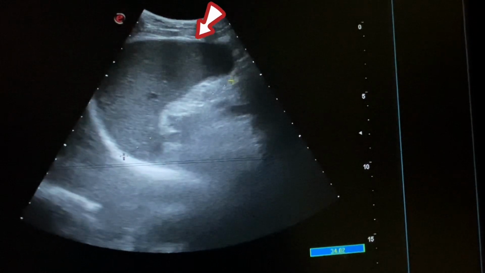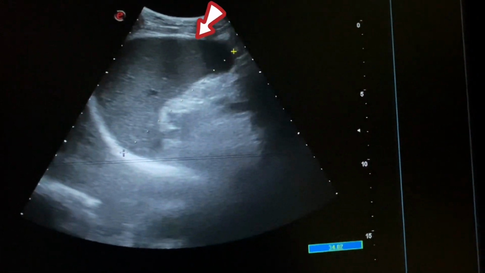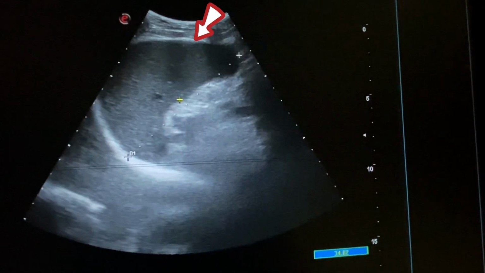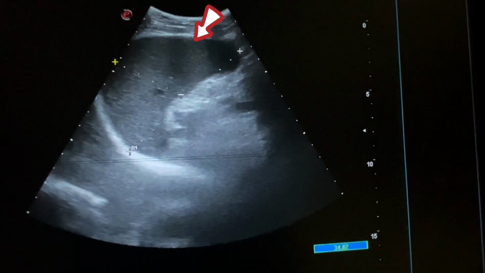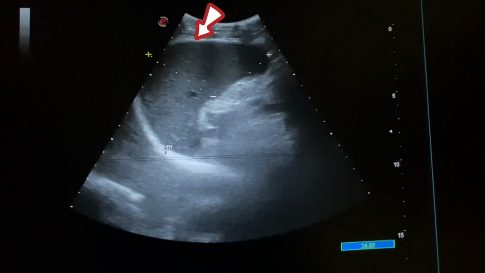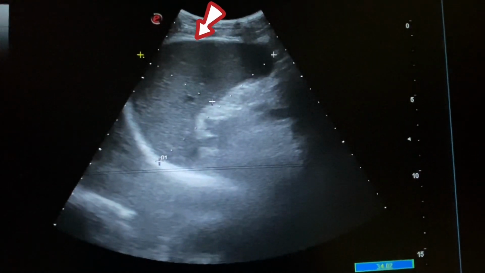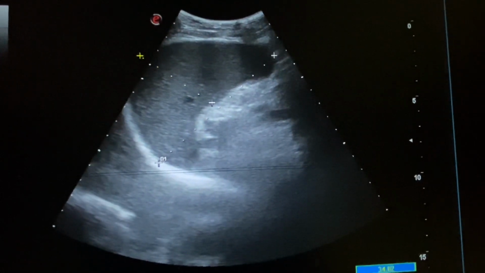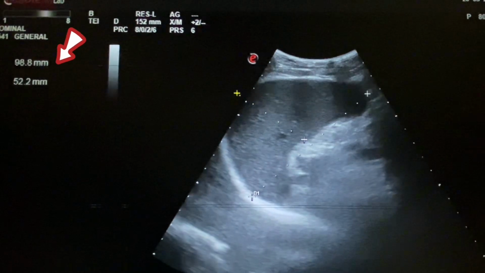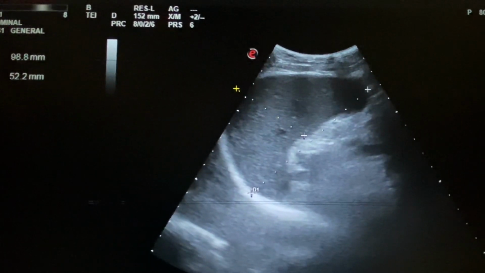Now we will measure the size of the spleen. The splenic length is 96 millimeters and width is 52 millimeters, and it is mildly enlarged in size.